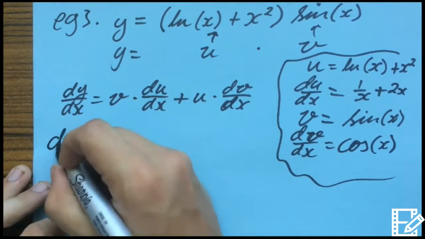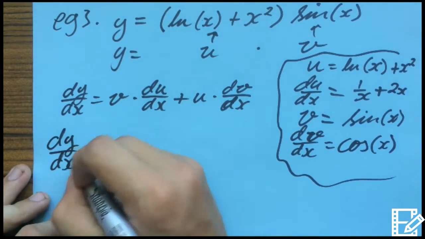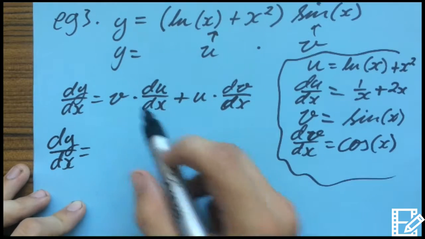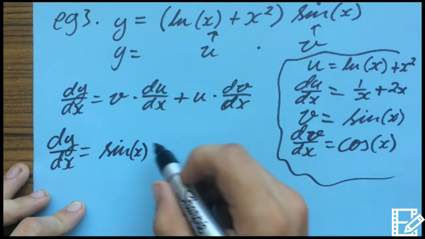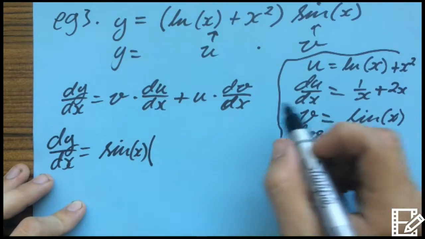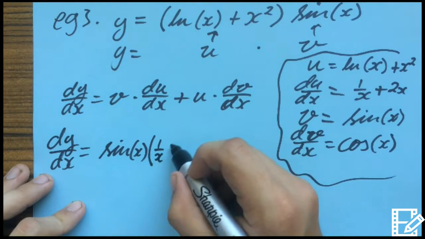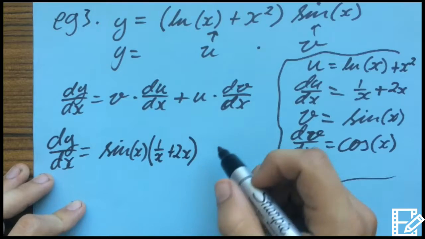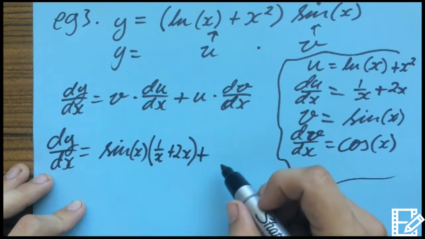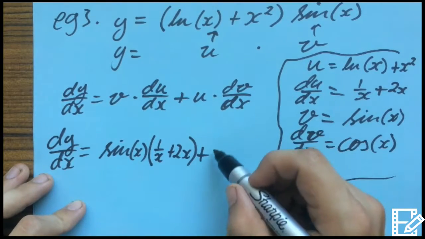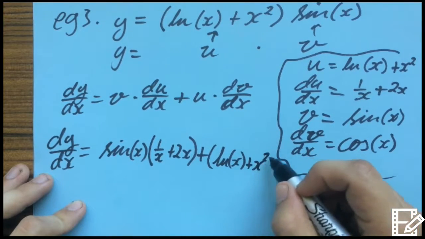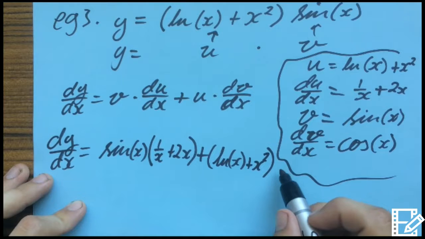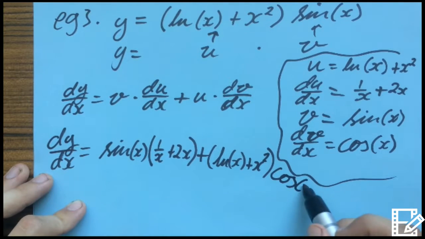So, to fill this in, we'd start with v, sine x, multiplied by du/dx, which is 1 over x plus 2x, plus u, which is ln of x plus x squared, multiplied by cosine of x.